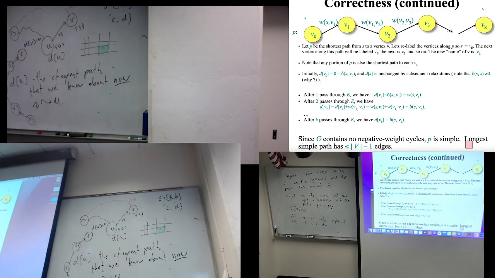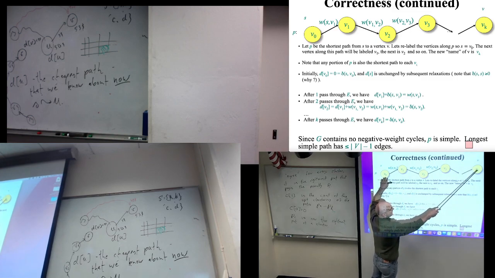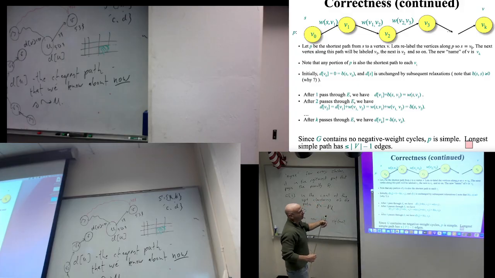I'll prove it by induction. And for this, I need to relabel the nodes. So here is my S that I'll call V0 at the moment, giving it a new name, nothing to do with the original V0. I change the names of every node. Here is my target, VK. And there is a shortest path.